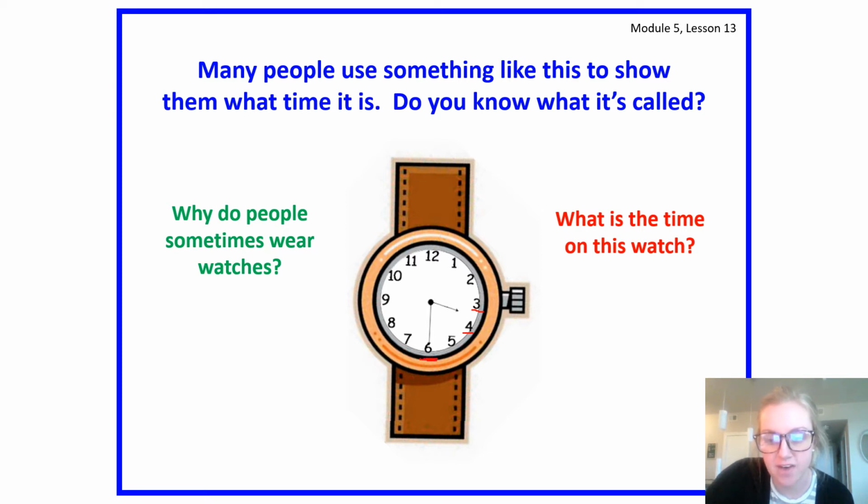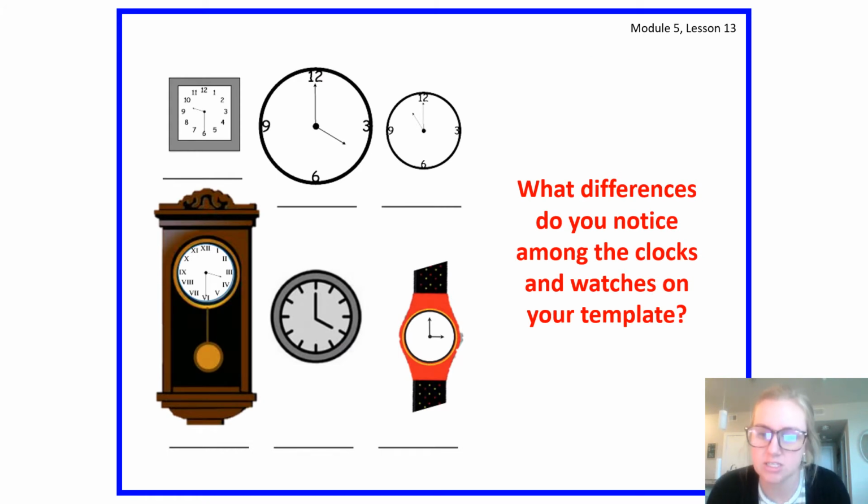So let's count by 5s to get to our minute hand. 5, 10, 15, 20, 25, 30. And if the hour hand is not to the 4 yet, it's still on the 3, we know this time is, get ready, yes, 3:30.